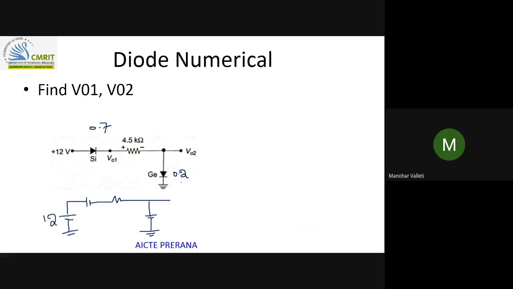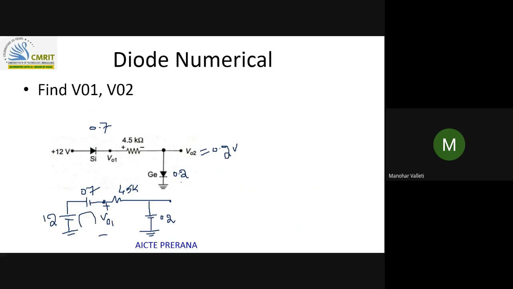So this is 12 and 0.7, 4.5K, 0.2. Obviously from this I can say directly that V02 equals 0.2. Now to find V01: V01 is here, right?